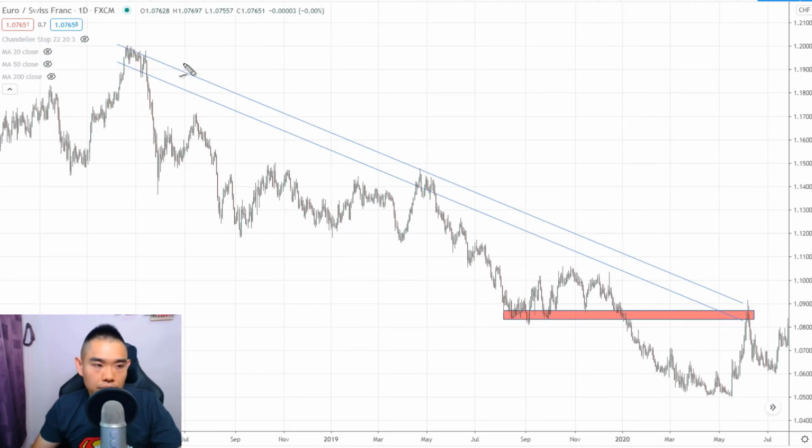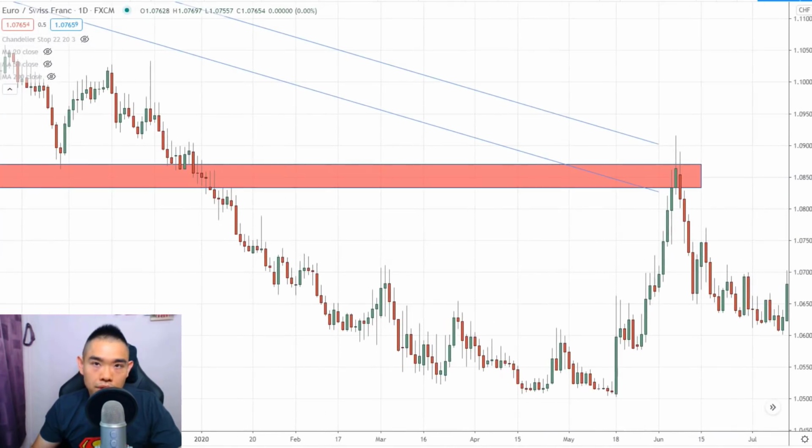So again, you have the confluence of this resistance here and this downward trend line here. And then price rejection will be in the form of this candle. Price came into this level and then got rejected strongly, closing near the lows of the day. So this is again the TASE formula in action.